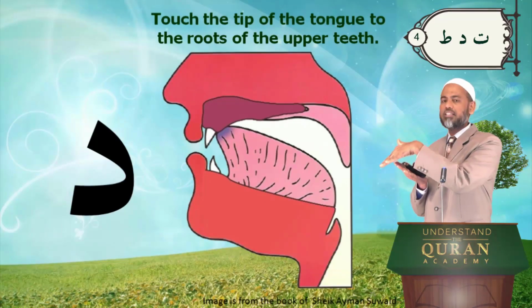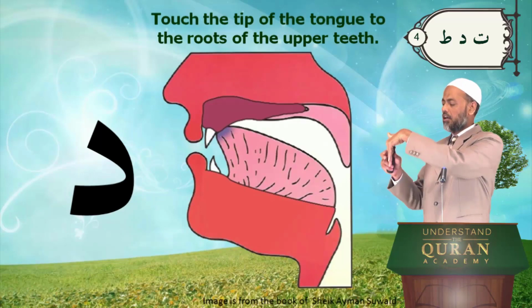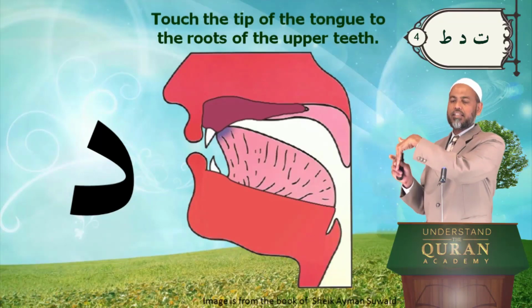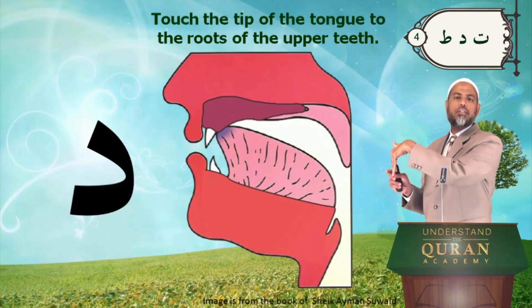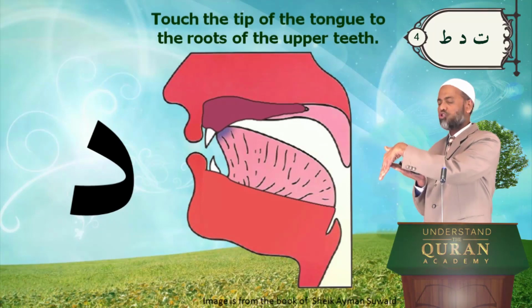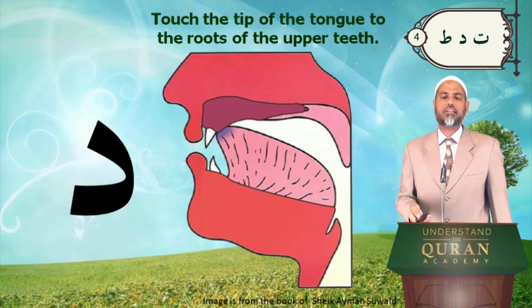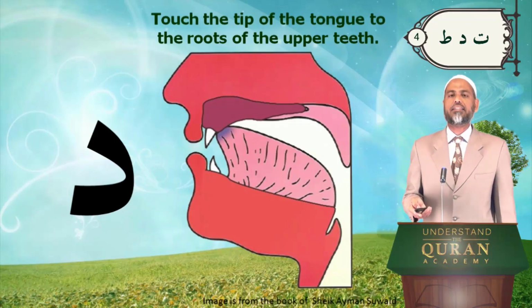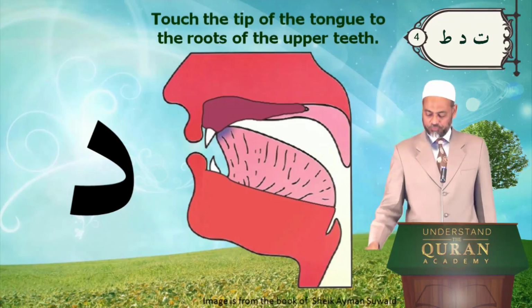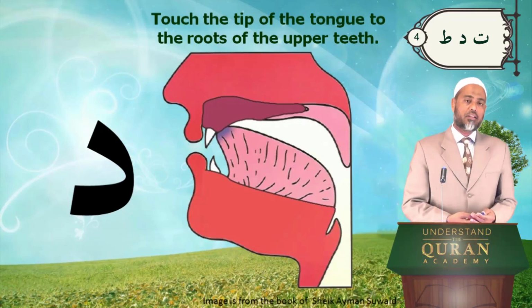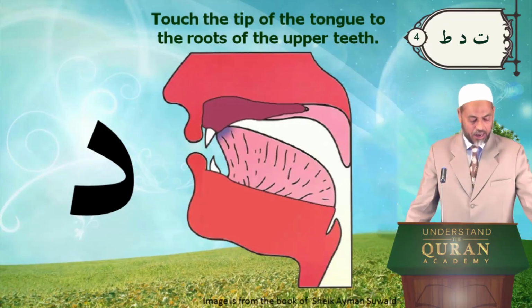Touch the tip of the tongue to the roots. If these fingers are representing the teeth, then I touch it to the roots of the upper teeth and say da, da. The sound of dal is like da. All right, let's write the letter dal.